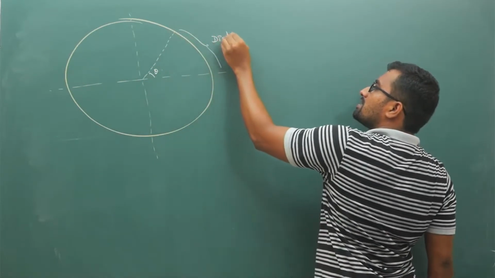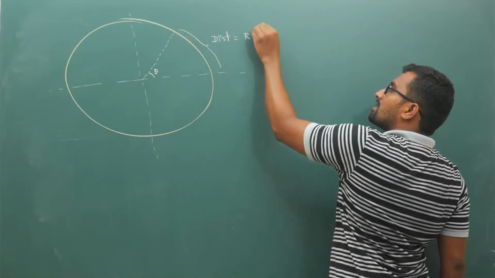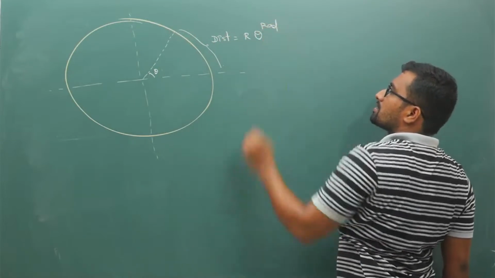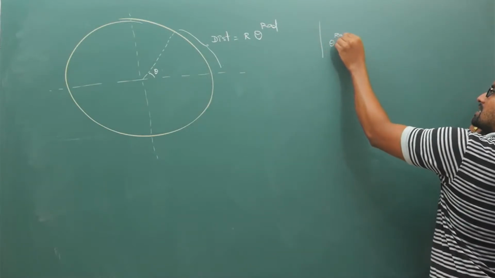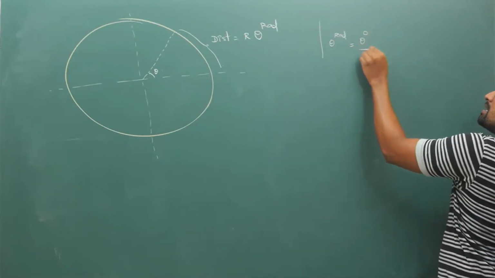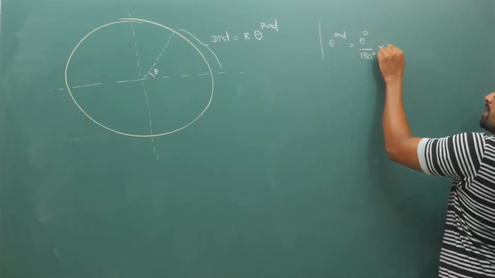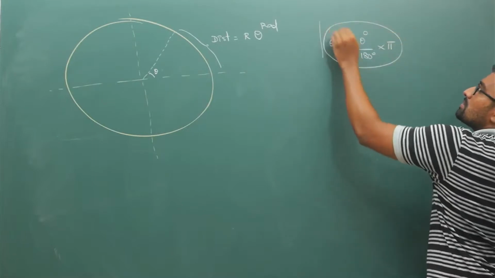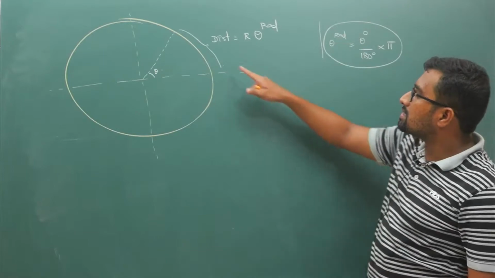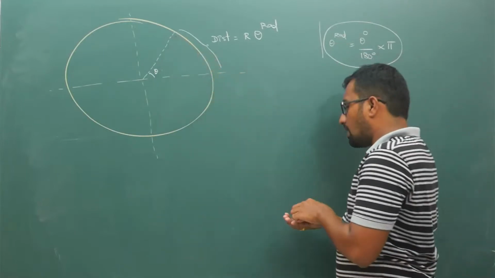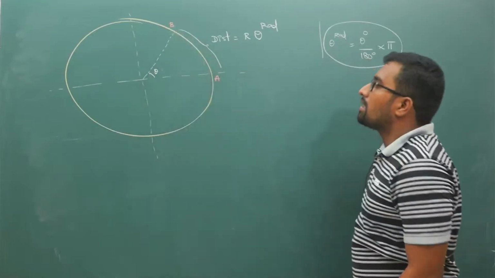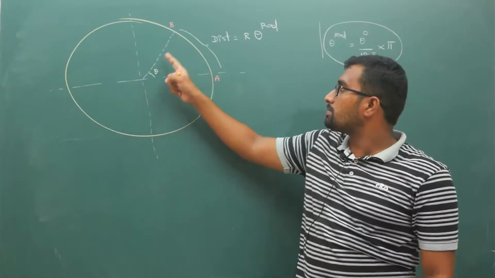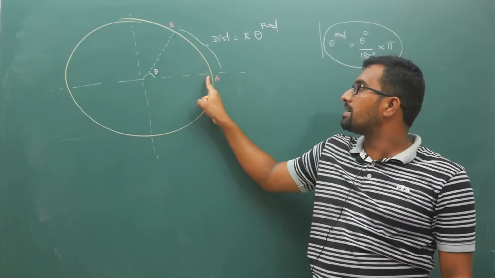How much is your distance? It is r times theta in radians. I told you very clearly theta in radians is theta in degrees by 180 degrees into pi radians. So you have to substitute the value of angle. This arc length is your distance when it is going from A to B. Now in place of theta, if you substitute 0, B will be at this point.